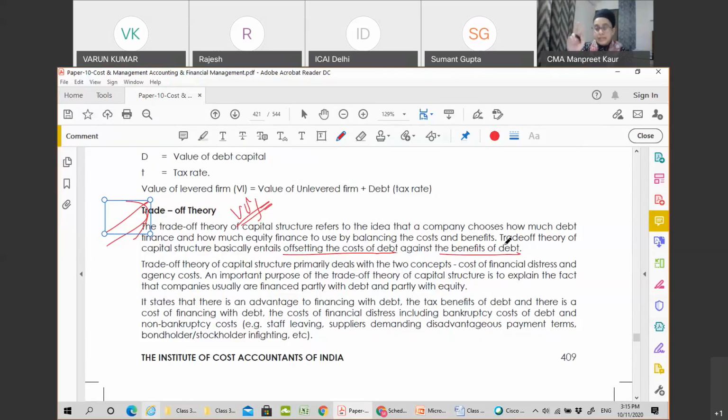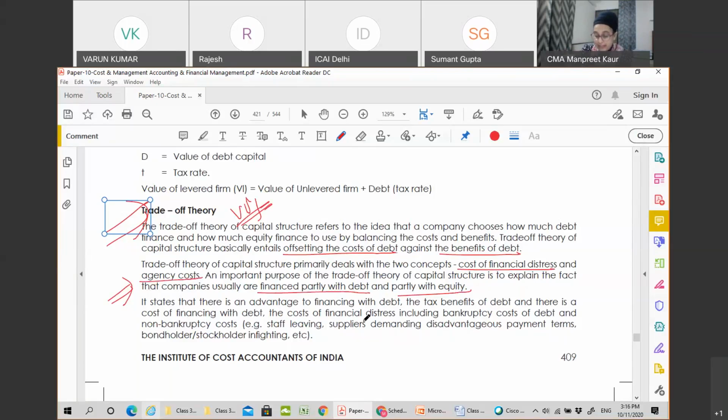There are two concepts in the trade-off theory. First is the cost of the financial distress and agency cost. Agency cost is the other cost. The purpose of trade-off theory is to explain the fact that companies usually finance partly with debt and partly with the equity. That is the trade-off.